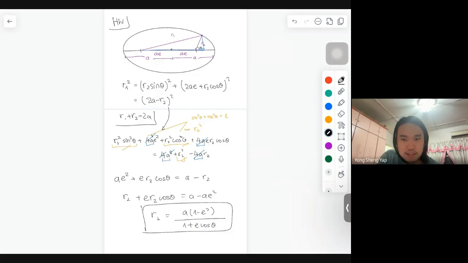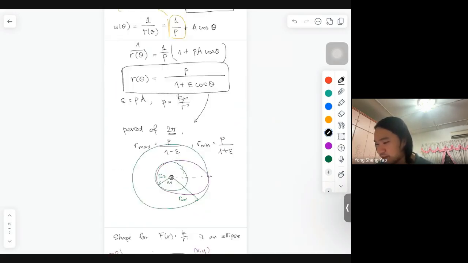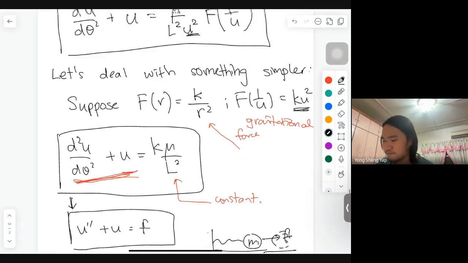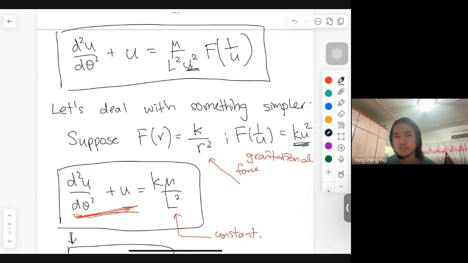Okay, so that is really the equation governed by something acting on a central force, which specifically has a 1 over r squared kind of force.